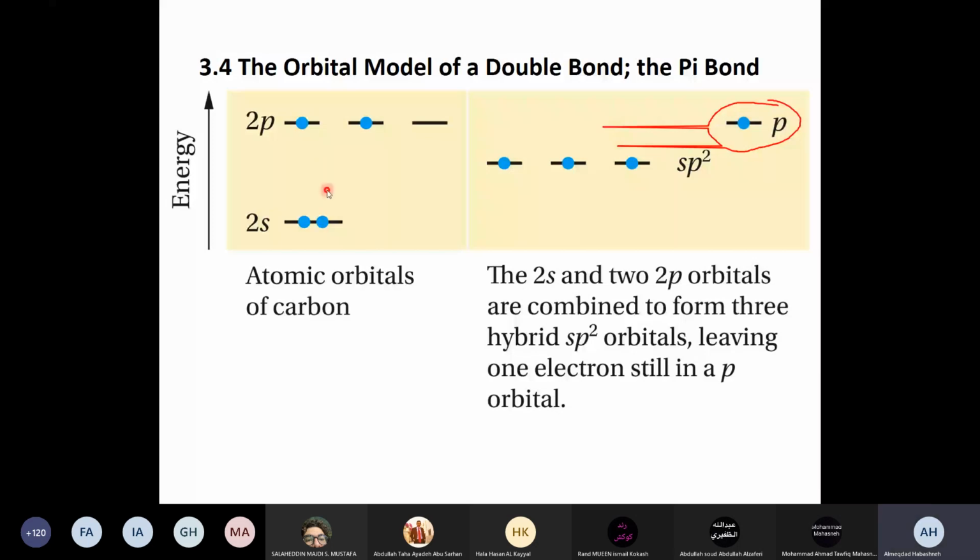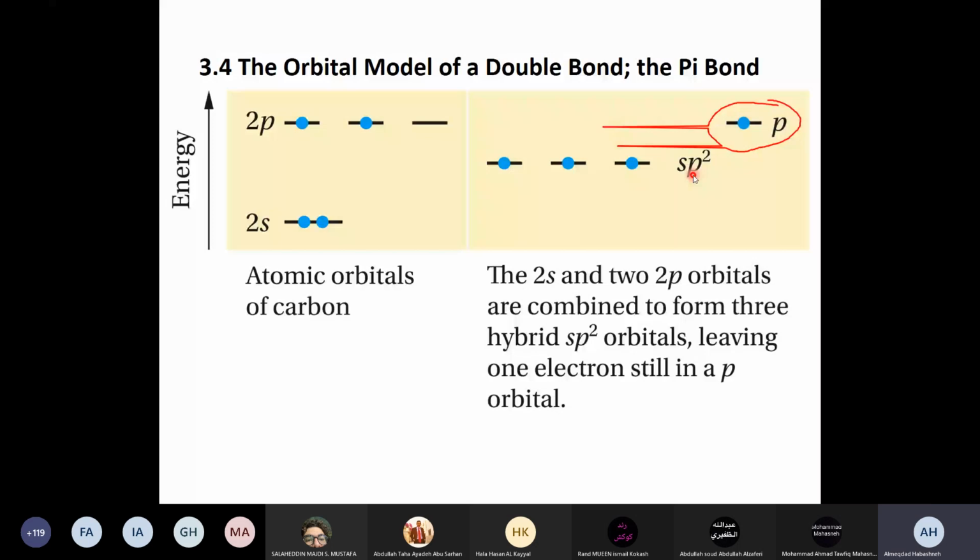So 1 orbital from s and 2 orbitals from p should be hybridized in order to form sp2, because in order to form 3 sigma bonds, the carbon atom needs to have 3 half-filled orbitals.